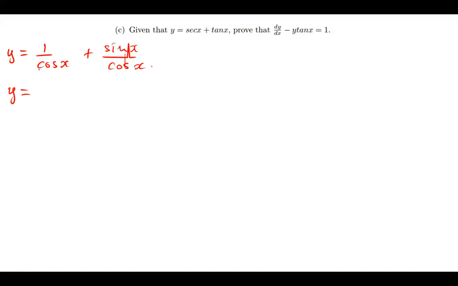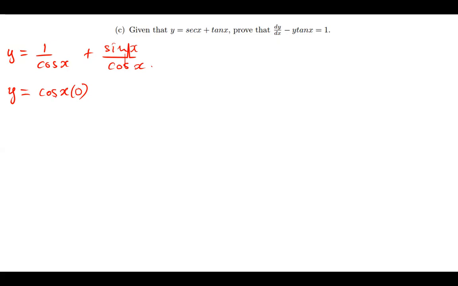So the derivative of this will simply be v u prime, which will be cos x multiplied by the derivative of 1, which is 0. So v is just the denominator, you can go through the quotient rule. I posted the video in the group. So v is simply the denominator, and u prime is the derivative of 1. The derivative of a constant number is simply 0.